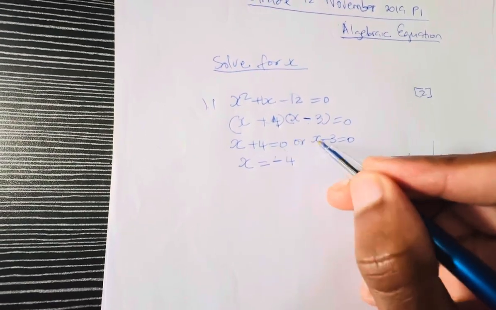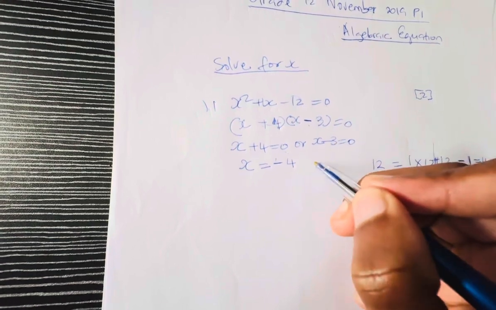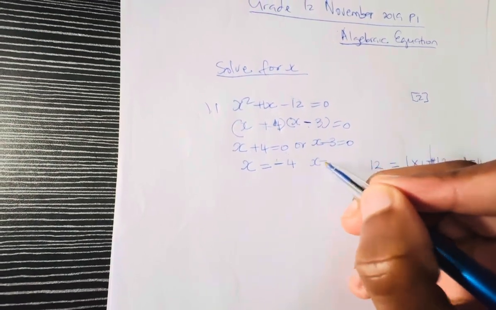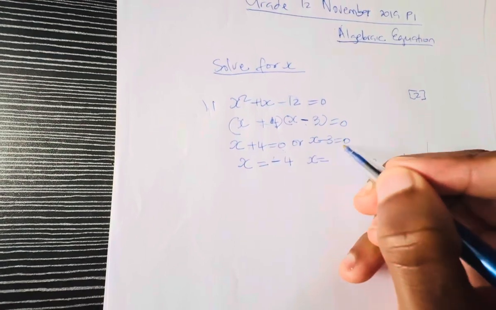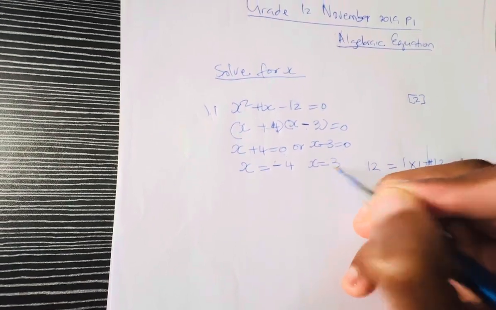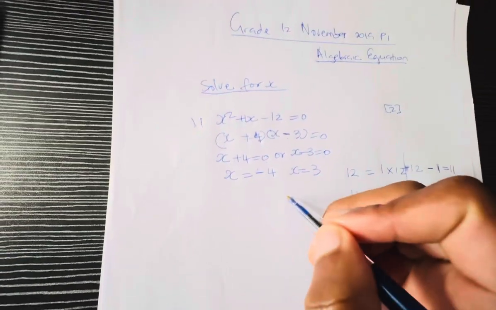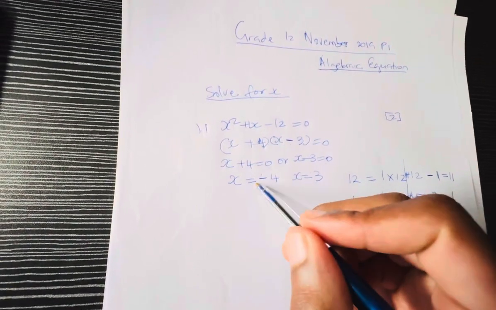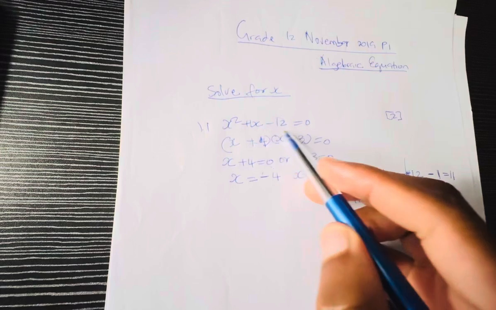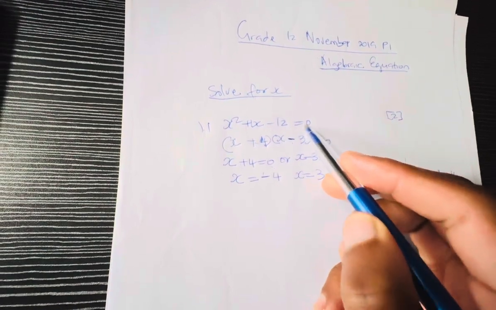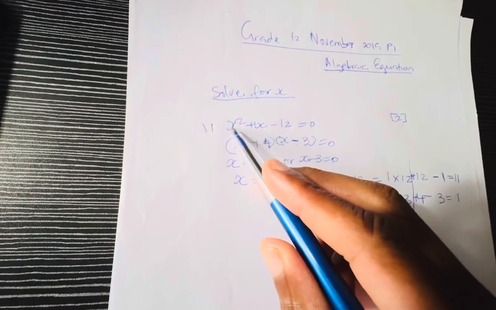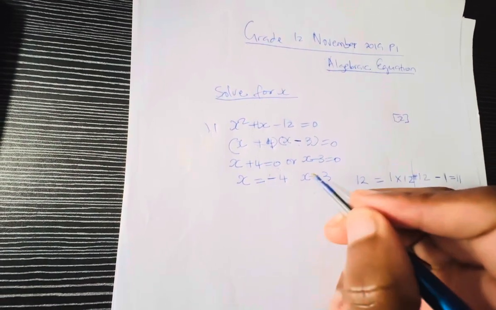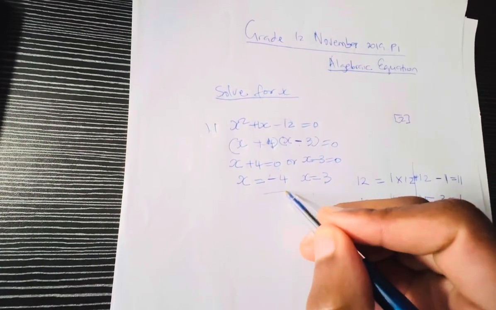And then this one, x minus 3, we are solving for x, equals, if this one goes this side, 3. Then we have our x values. That means this equation will be 0 if you use negative 4 here, or 3 here. Then you are done.